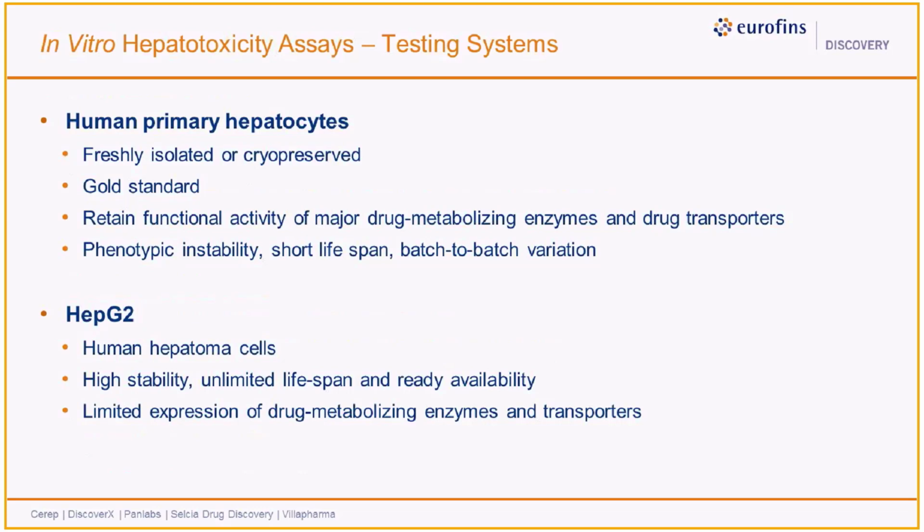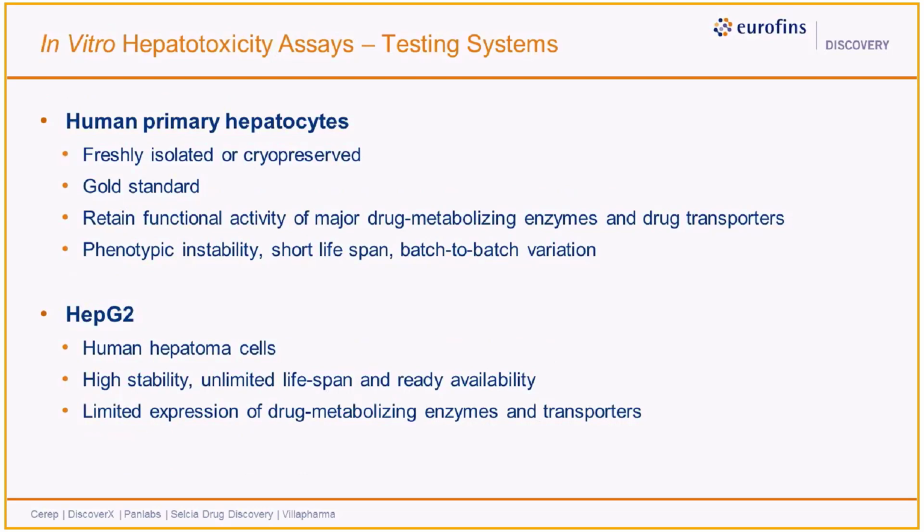But there are some limitations of using human primary hepatocytes, mainly due to phenotypic instability, short lifespan, and batch-to-batch variation, which limits the reproducibility of the assay. The cells are significantly more expensive than the HepG2 cells, which also limits their usage in drug screening. And the HepG2 cells are widely used in drug discovery for hepatotoxicity assessment.